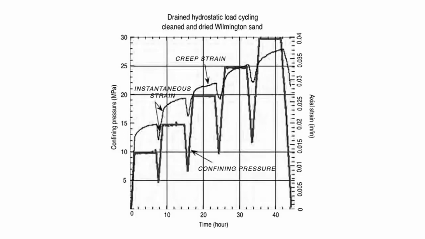Here's an example. This was some tests done on some dried sand. Whenever we talk about testing materials dried, that means they've typically been baked such that the hydrocarbon residues are eliminated from them. So here's a dried sand in which a series of creep tests were done. The darker squared-off lines are confining pressure.